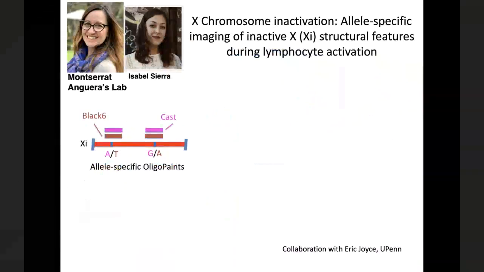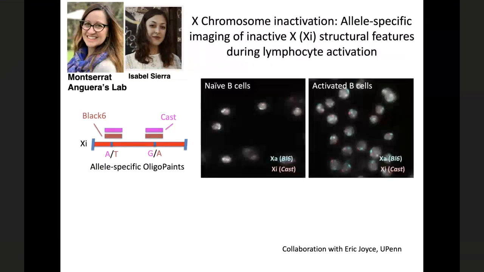Work from Montserrat Anguera's lab, and the current student Isabel Sierra in her lab, are studying X inactivation, and a long non-coding RNA, Xist, exists that coats the inactive chromosome, and they've developed some allele-specific oligo paints in a collaborative study with Eric Joyce's lab in the genetics department, and they're using these to understand how the inactive X chromosome is regulated as naive B cells become activated, and they see actually a change in Xist localization during these stages.